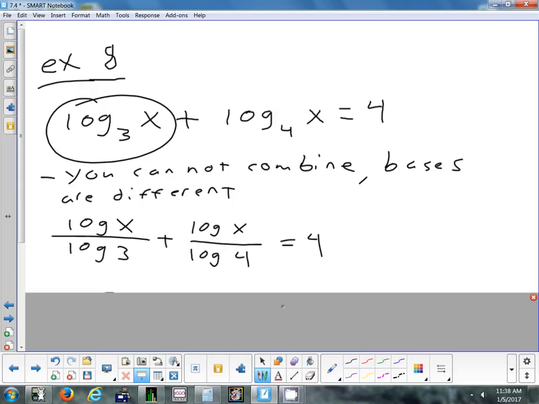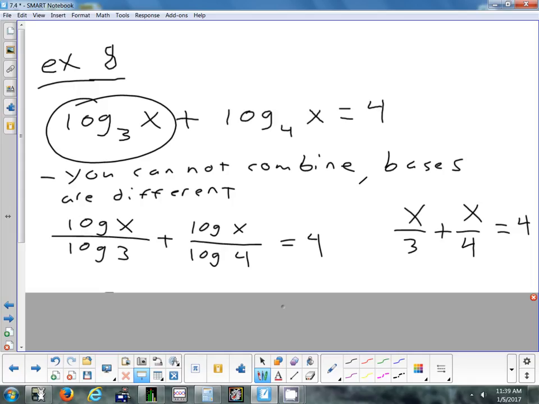And then from here, I want to take a look at something like this. Let's pretend the word log wasn't there. Okay? All you have is x over 3 plus x over 4 equals 4. What makes this kind of a pain? What's in this equation that's hard to work with? Fractions.